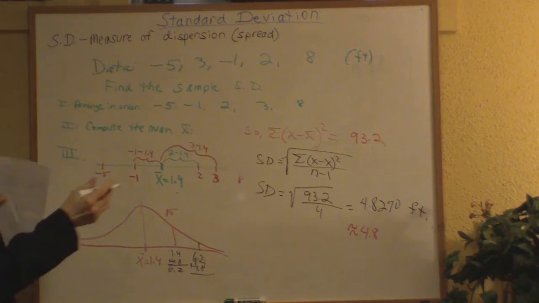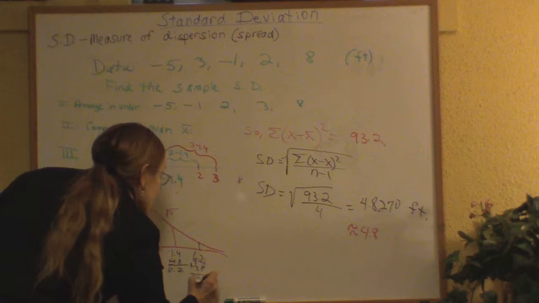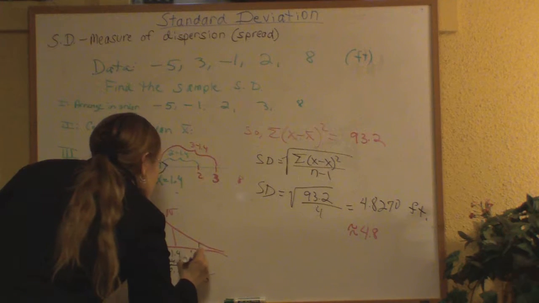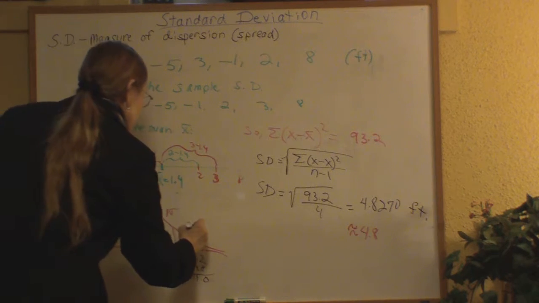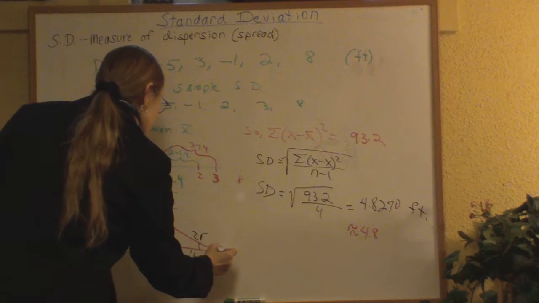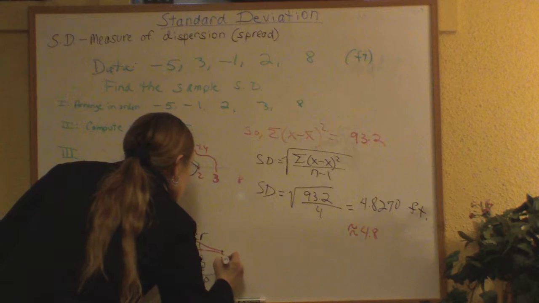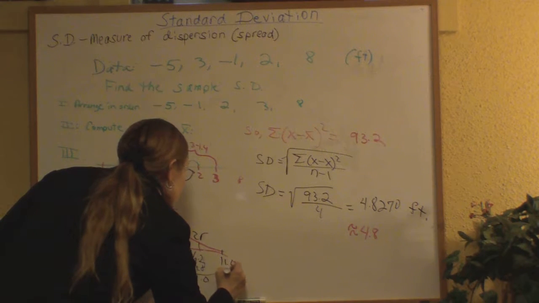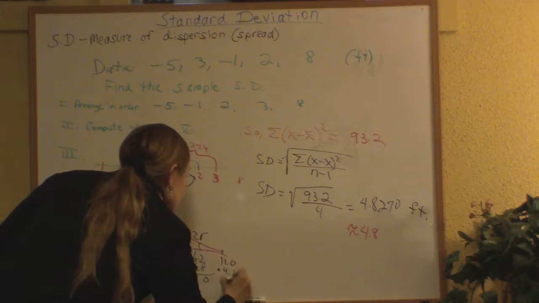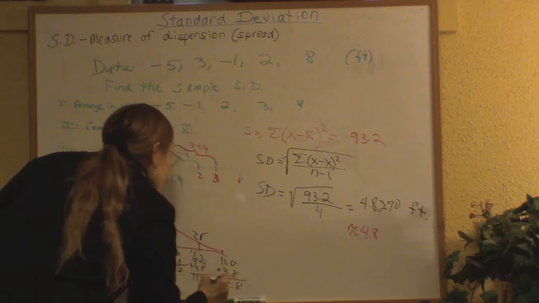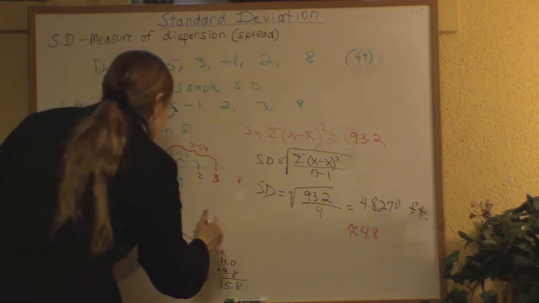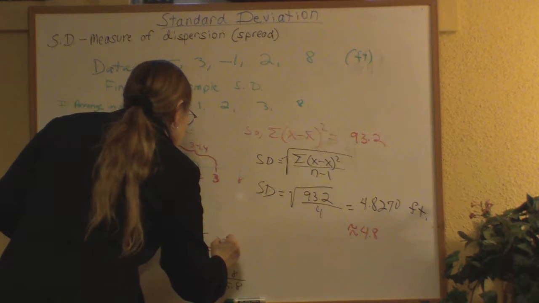So you're adding the standard deviation a second time. You get 11.0. So this is 2 standard deviations. For 3 standard deviations, you take the last value, which is 11.0, and you add 4.8. Get 15.8. Okay, so this will be 3 standard deviations.